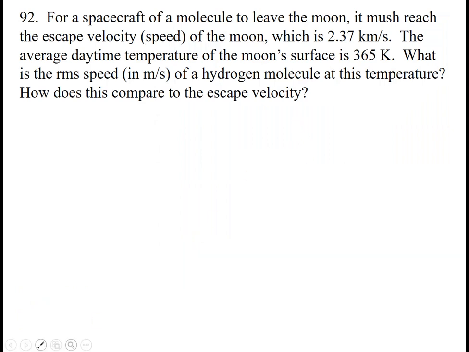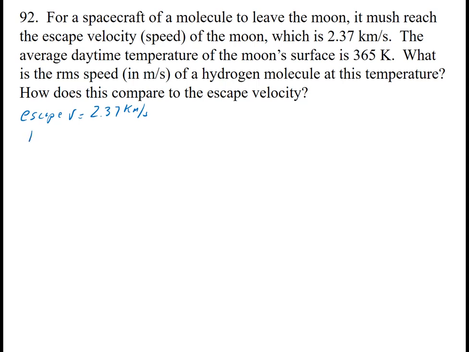So here's an example. For a spacecraft or a molecule to leave the moon, it must reach the escape velocity of the moon, which is 2.37 kilometers per second.